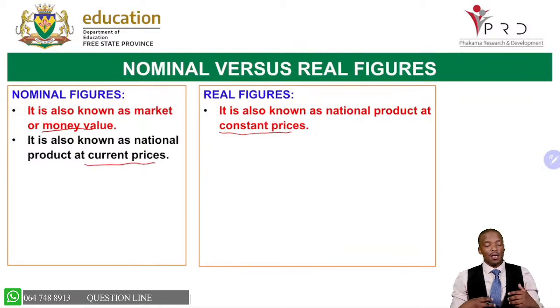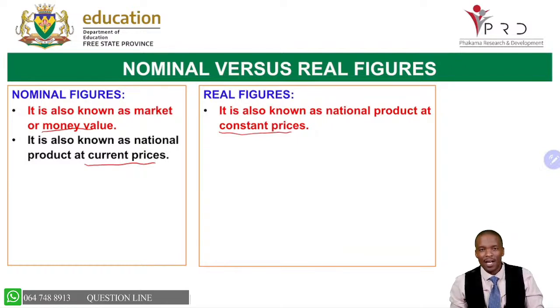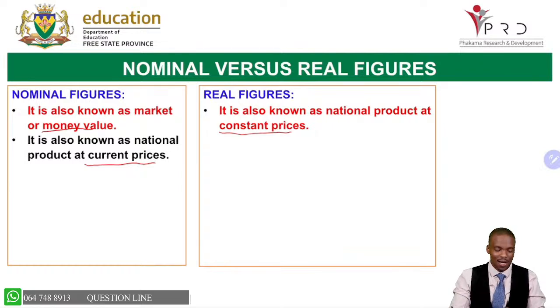So in our exam guideline or in the previous exams, we ask you in this way: briefly describe the concept constant prices, or briefly describe the concept current prices, or distinguish between constant prices and current prices. Someone is thinking, oh, it's current, and these are the prices for today because they are very current. That is not how we use it in economics. Then you see the word constant prices, you say constant. It means these are the prices that are not moving. No, that is incorrect. You're not going to get marks for that.